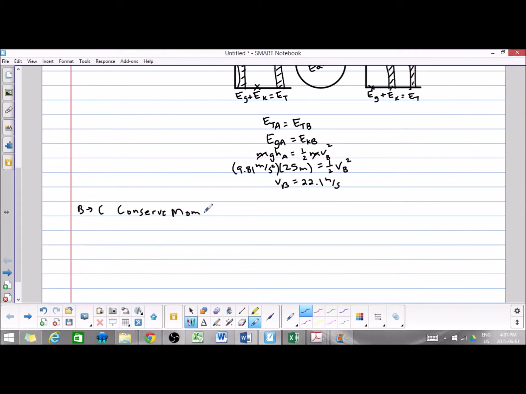So this is pretty simple as collisions go. It's one-dimensional inelastic, and you can't get much simpler than that.